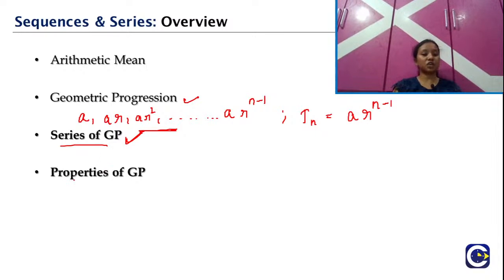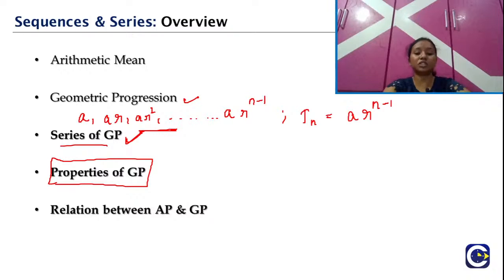After this, we are going to discuss the properties of geometric progression. There are a few important properties related to geometric progression that we are going to have a look at.